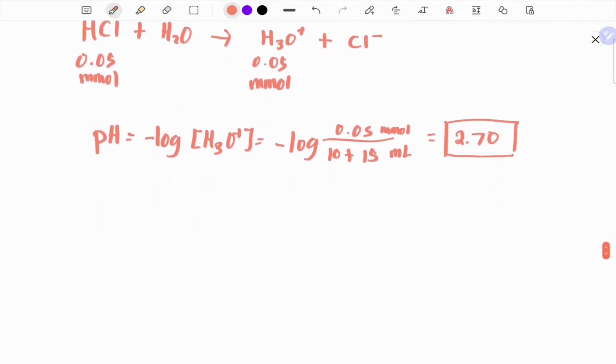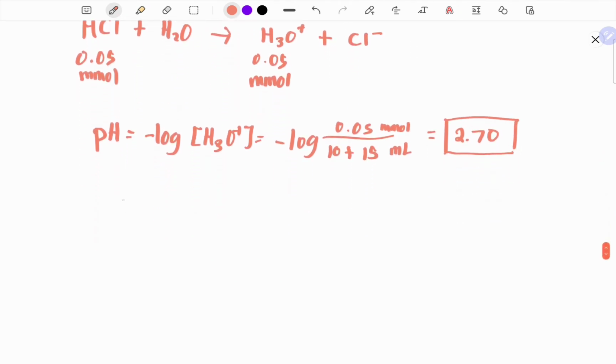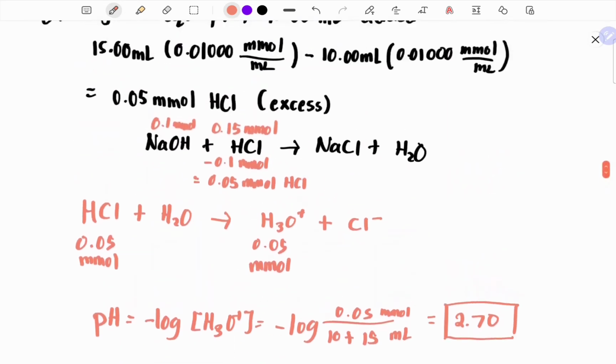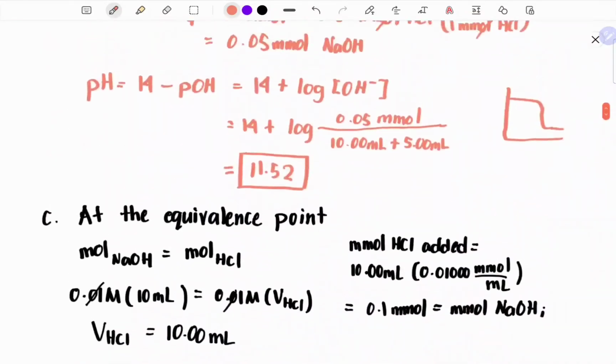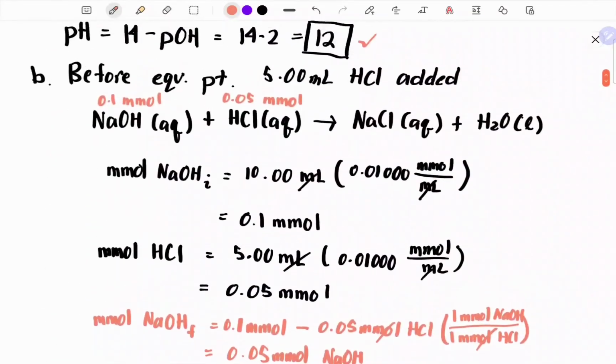Let's tabulate everything. So volume HCl added, and then the pH. We looked at 0 ml added, 5 ml added, 10 ml added, and 15 ml added. The pH values were 12, 11.52, 7, and 2.7.